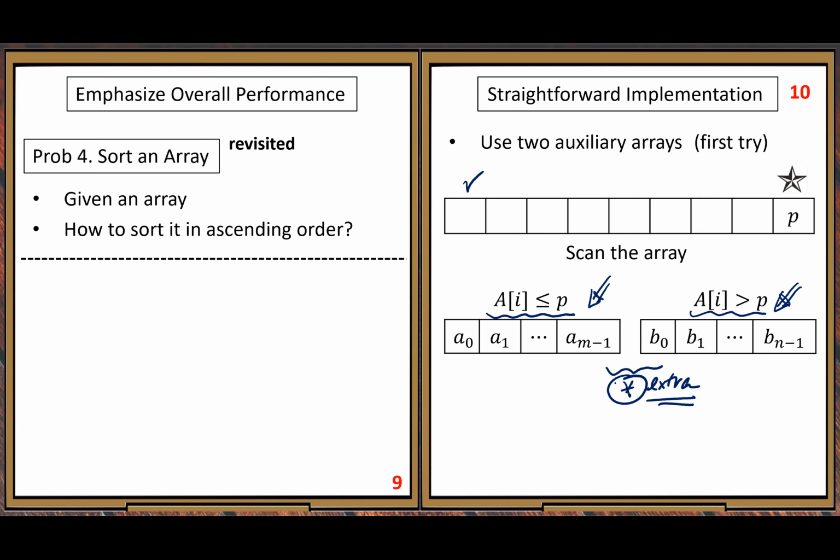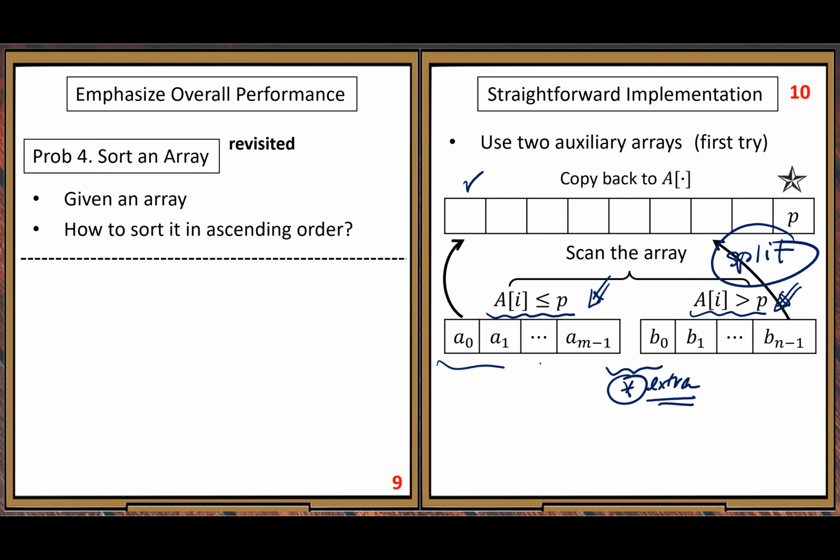We need to get the same thing. That means we need to get a split like this without using this much extra space. Although this way is easy to understand, after you get two subarrays, you just copy them back.